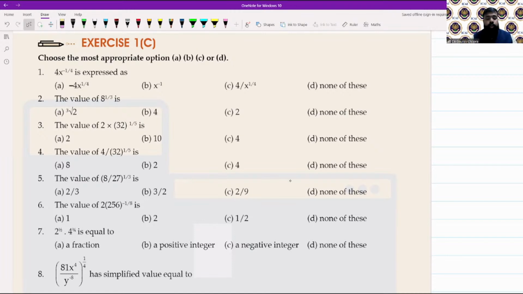Now, how to express this according to option? So we can write, since the power is negative in numerator, it will go into denominator and sign will become positive. So correct result will be C. 4 upon x to the power of 1/4.